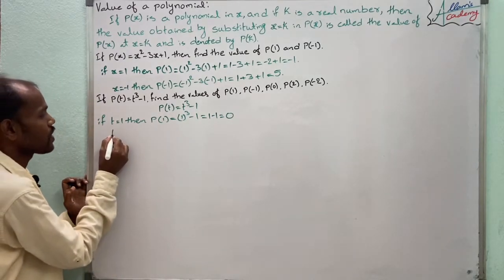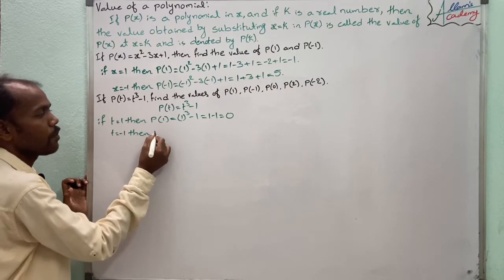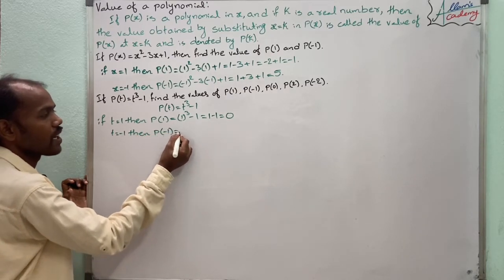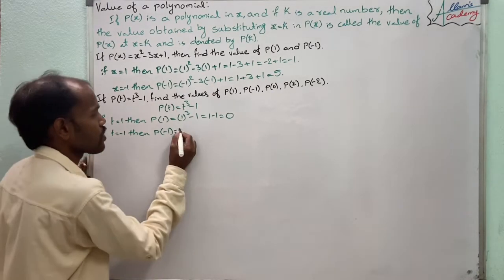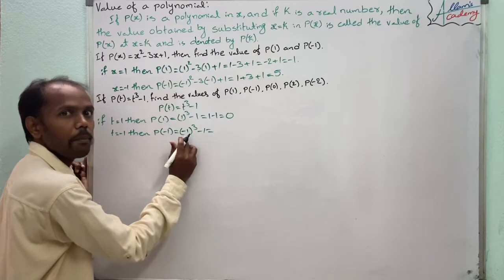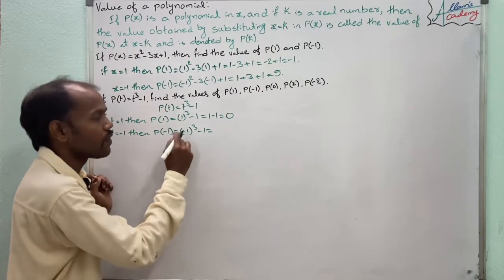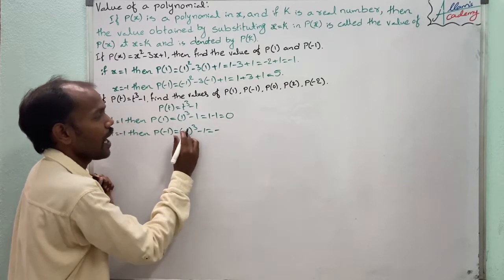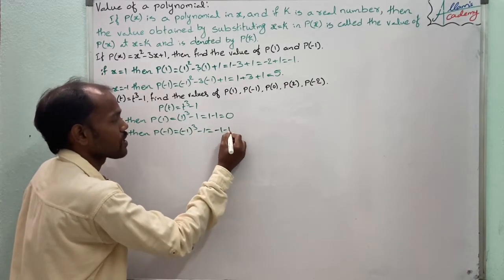Next, if t equal to minus 1 is given, then p of minus 1 equal to, in the t place we substitute minus 1, so minus 1 cube minus 1. Minus 1 whole cube is an odd power, so we get a negative symbol, and 1 cube means 1 only. So minus 1, and here minus 1 also.